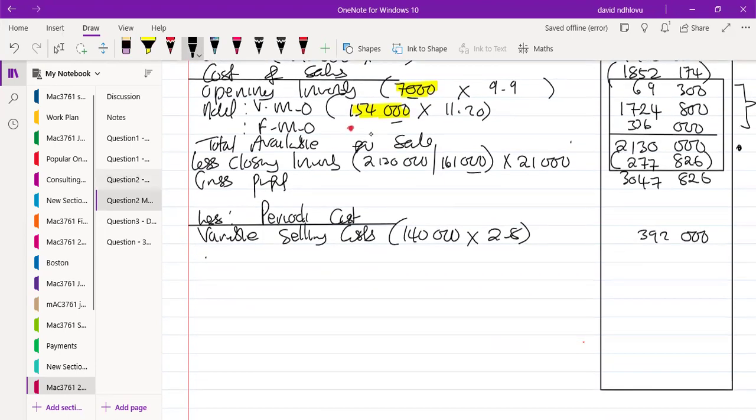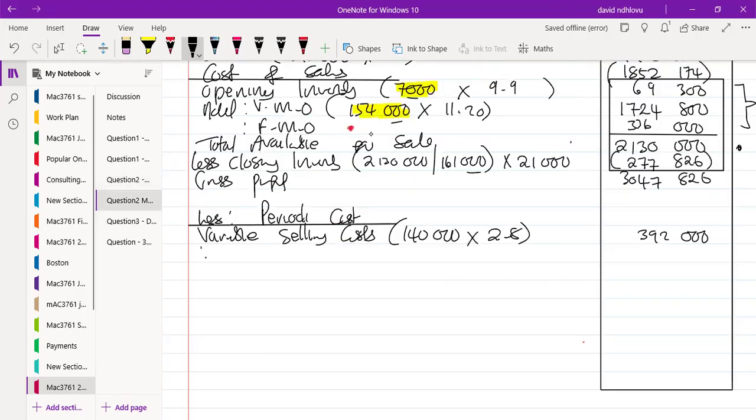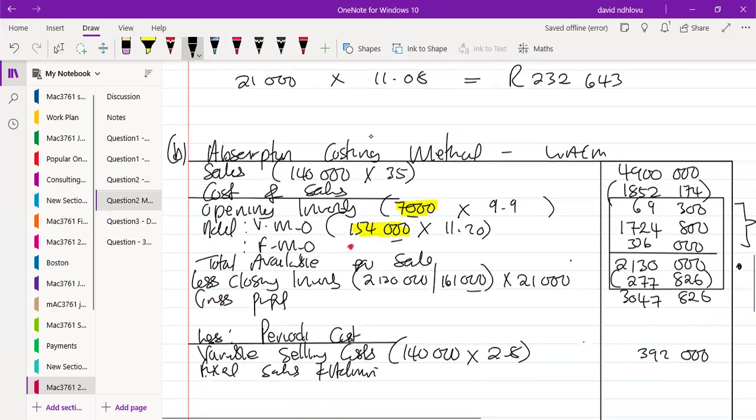Right, next we then say, what else do we have in terms of the cost here? We have the fixed sales and admin. Right, this is the 252,000 that is given there. We don't have to calculate.